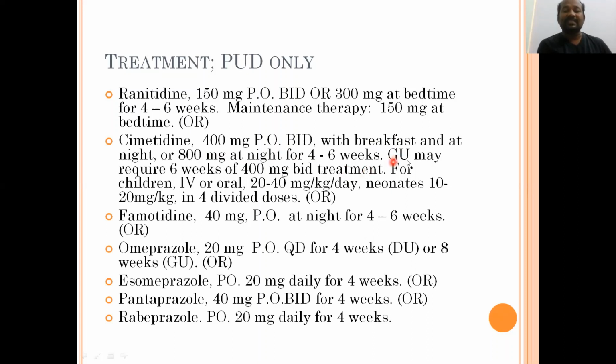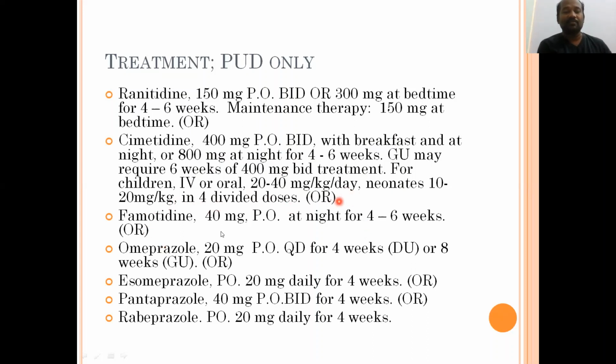In case of gastric ulcer, we may look at 6 weeks of 400 mg twice a day treatment. For children, IV or oral, about 20 to 40 milligram per kg per day. Neonates 10 to 20 mg per kg in 4 divided doses.